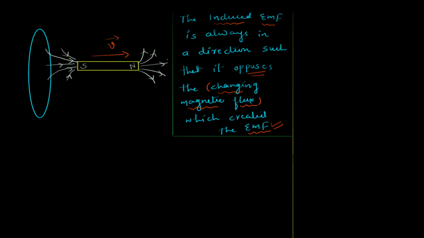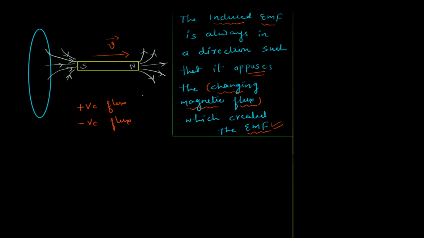Now we know that flux is a scalar quantity, but please listen to this part carefully: there is such a thing as positive flux and negative magnetic flux. Now how do we decide which is positive, which is negative?